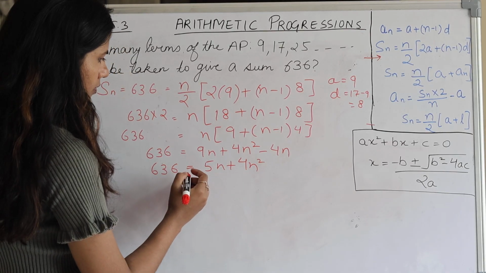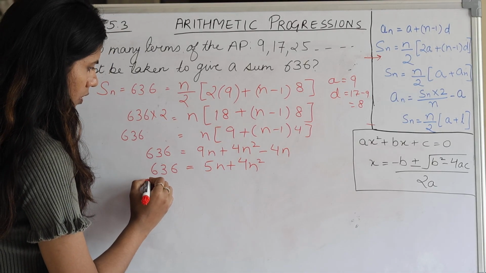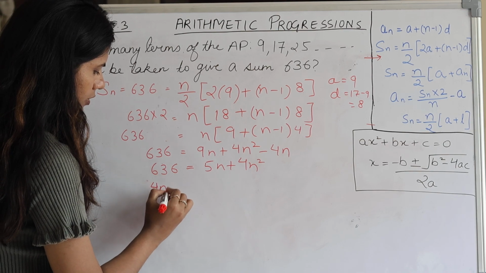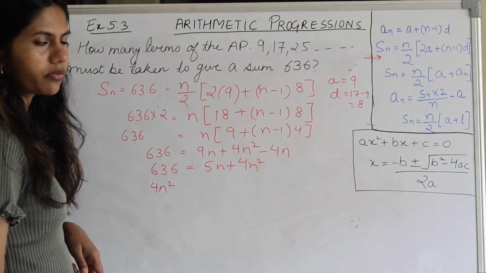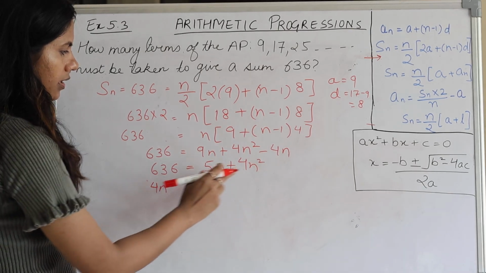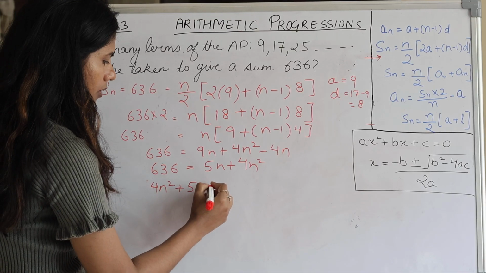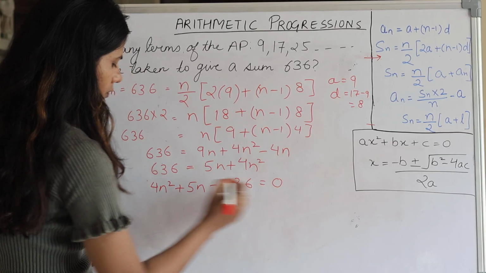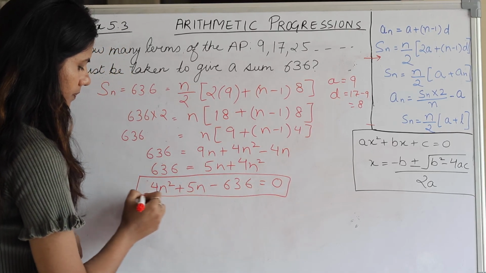I want to write this in the form of a quadratic equation. So that's why 4n square plus 5n minus 636 equal to 0. So this is the quadratic equation we got.